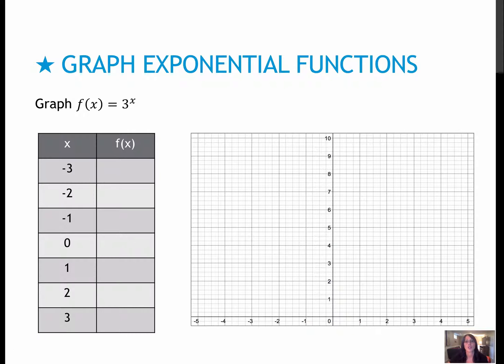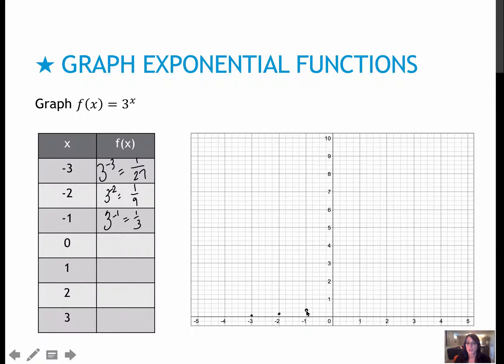Go ahead and do this one on your own, and then press play to check your work. So again, I've got 3 to the negative 3, which means 1 over 3 to the third, so 1/27, a very teeny tiny number. I've got 3 to the negative 2, which would be 1 over 3 squared, or 1 over 9. Again, very small number. 3 to the negative 1 would be 1/3.